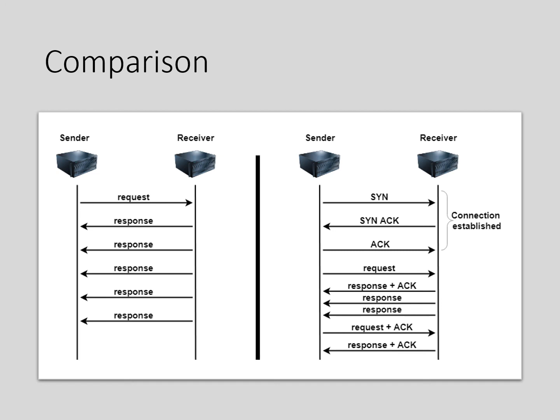And then requests are sent and responses piggyback the acknowledgement of the highest seen sequence number. And these acknowledgements are sent between clients and servers to make sure that the stream of messages is reliably received. Not shown here is the teardown phase that's also inherent in the TCP protocol.